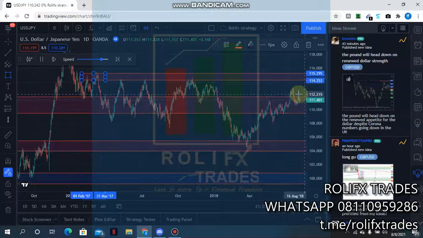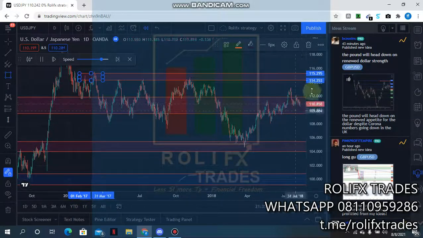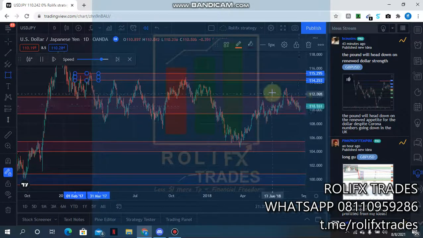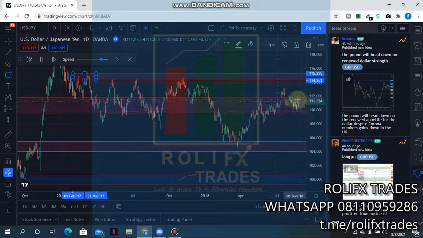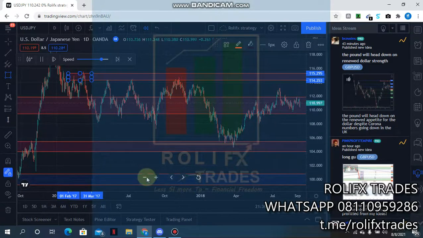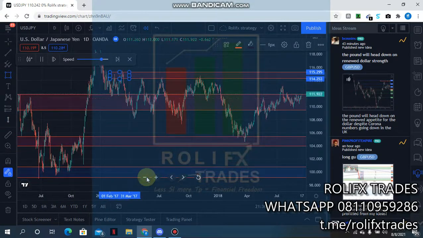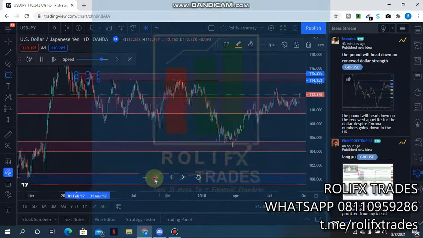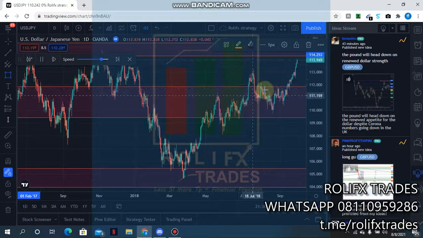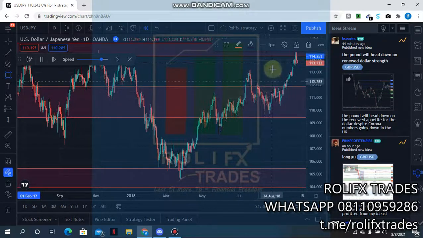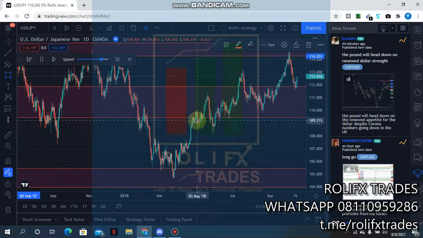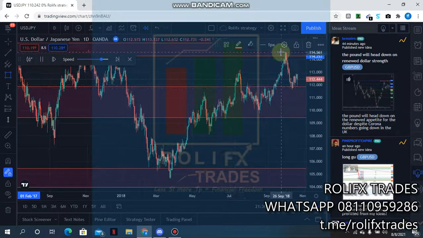I see price action respecting zones, respecting the support and resistance. Once you can spot your support and resistance and have a good knowledge of reversal candlesticks, then you're good to go. See, after a retest, you can see it got to TP1, broke out, TP2.